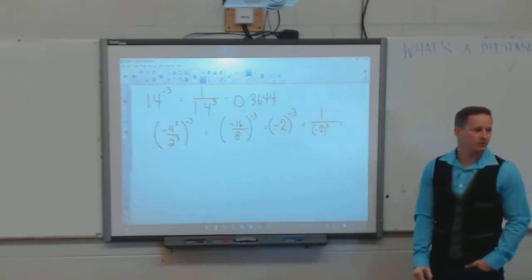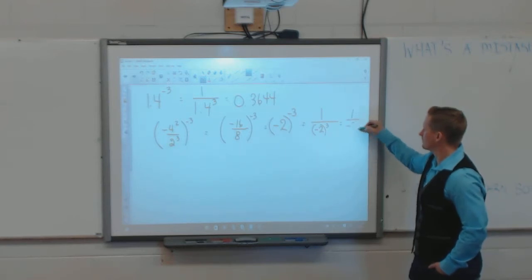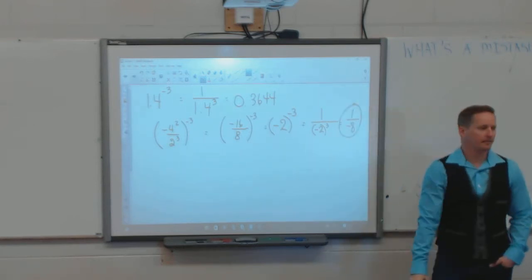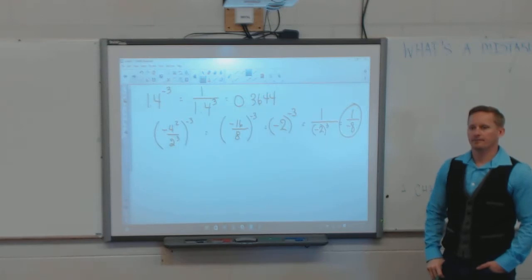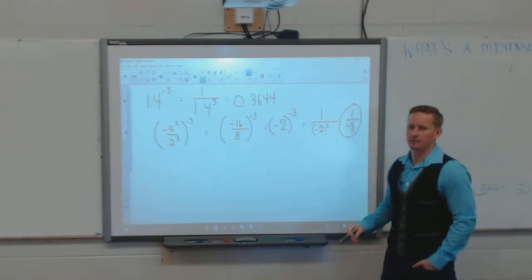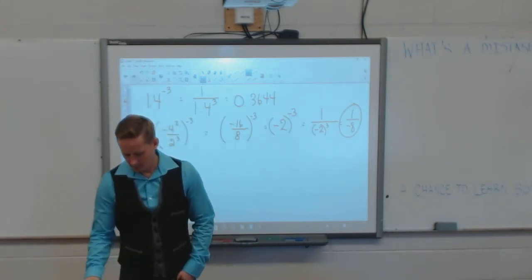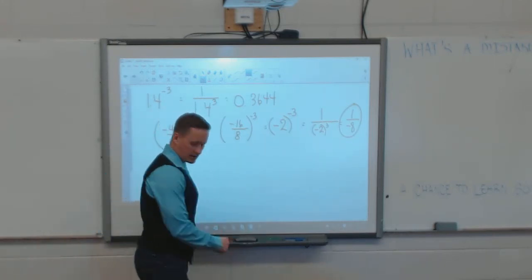What's the solution, without using your calculator, Marshall? What's negative 2 times negative 2? Positive. Times negative 2? Didn't need a calculator, did I? Okay? Negative 2 times negative 2 times negative 2 is negative 8. Fair enough? Somebody asked me this yesterday.